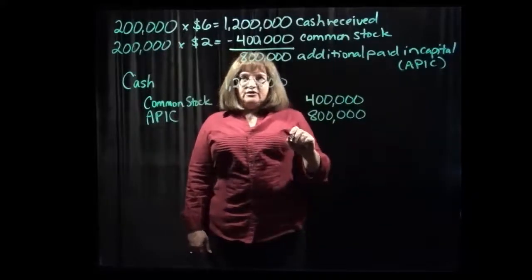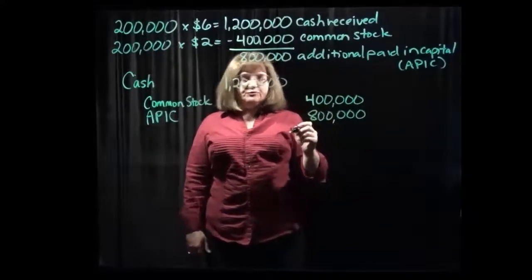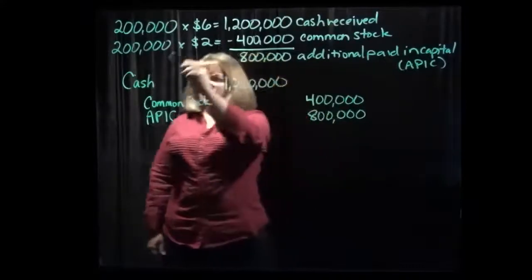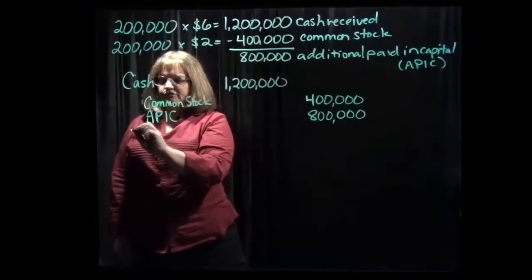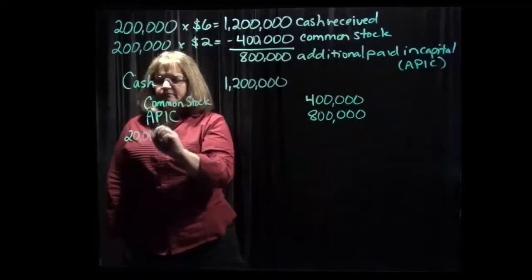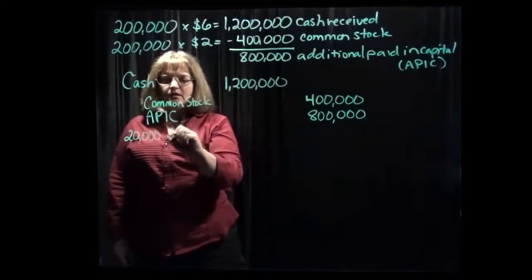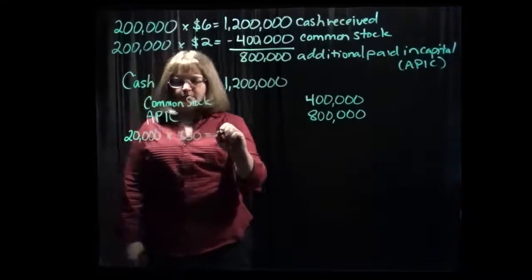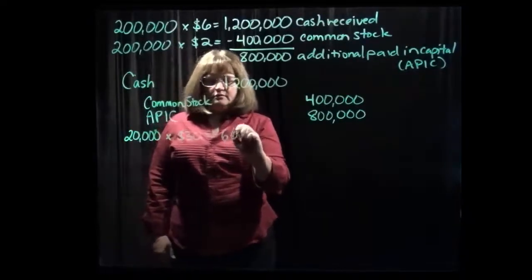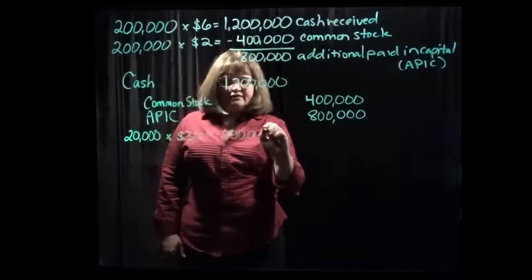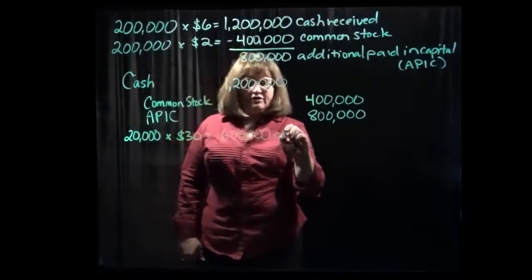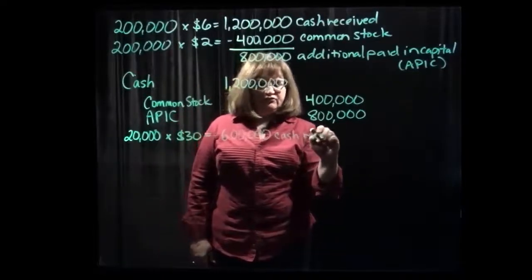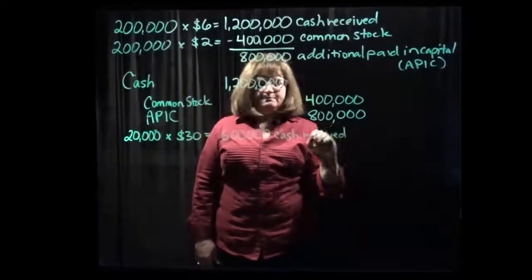For the preferred stock, we take a similar approach. We take the 20,000 shares and we multiply this by the selling price of $30 to get the fact that we receive $600,000 in cash for those shares of preferred stock.